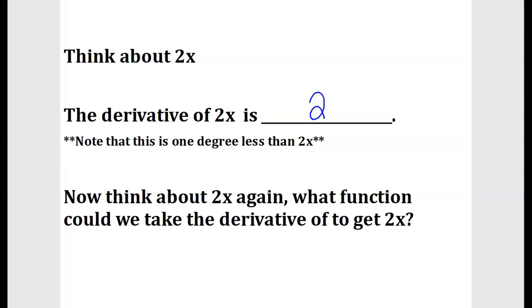So if we think about 2x again, and we say, okay, well, what function got me 2x as its derivative? Well, that was our x squared. So if you take 2x and you apply your new power rule, the new rule is that you take the power it was, add 1 to it, and divide by what the power was plus 1.